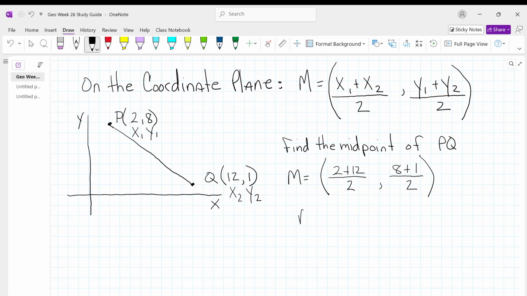So our midpoint is going to be at, what's 2 plus 12? 14 divided by 2. Good. And then our Y midpoint is going to be at 8 plus 1 divided by 2, 4.5. All right, so our midpoint would be right in here somewhere. We could call it M, and it's at (7, 4.5).